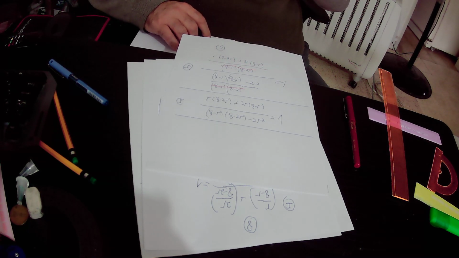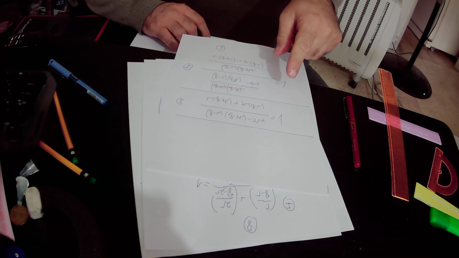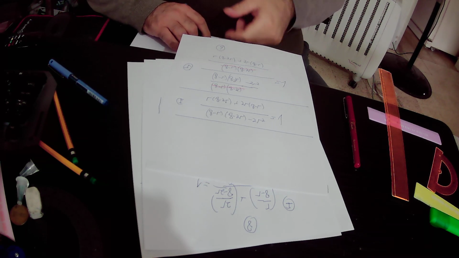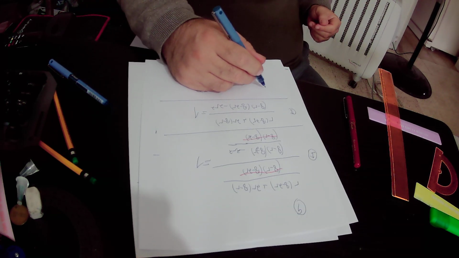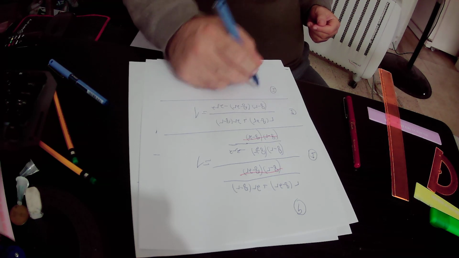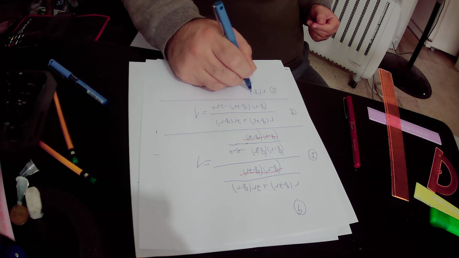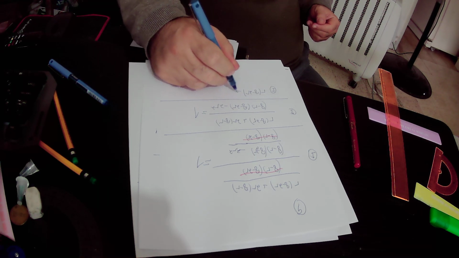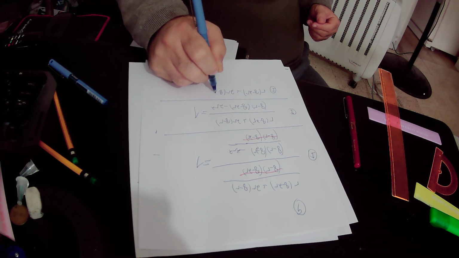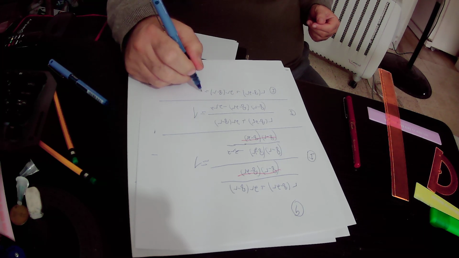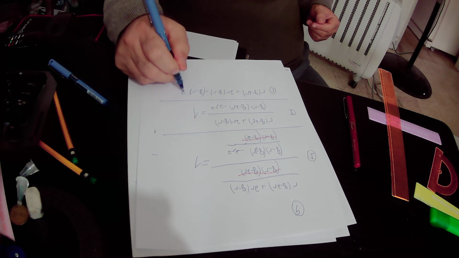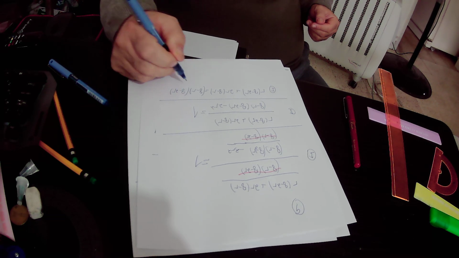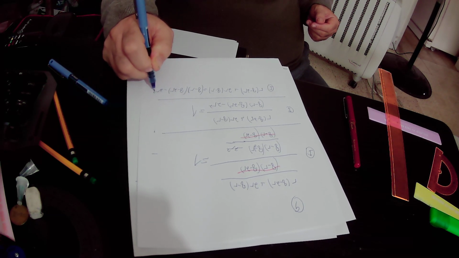Here we will cross multiply this expression, and we will get that r times (8 minus 2r) plus 2r times (8 minus r) equals (8 minus r) times (8 minus 2r) minus 2r squared.